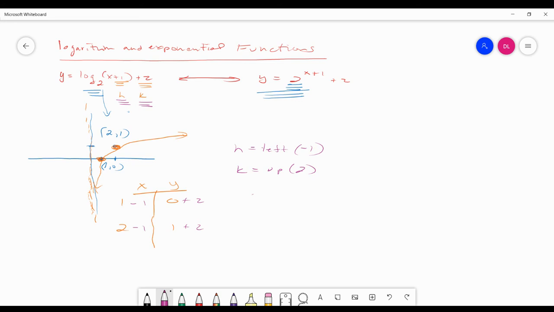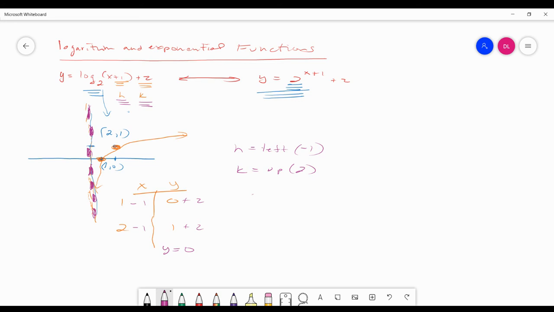And then our asymptote is at y equals 0. So that's where this is right here. I just got to get better at drawing those lines. So we know that is at y equals 0.